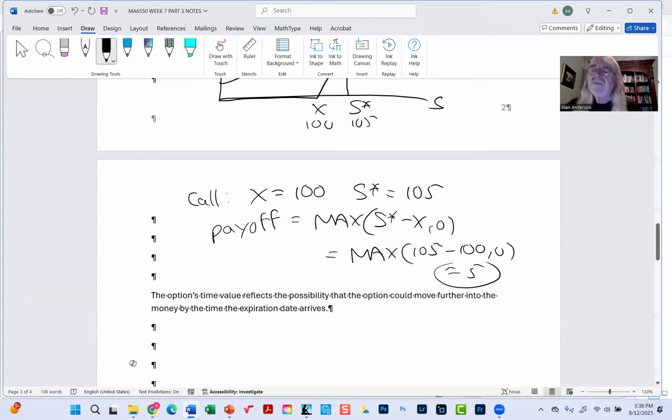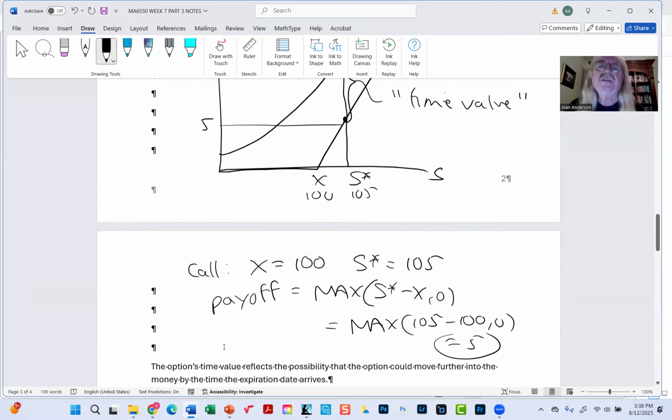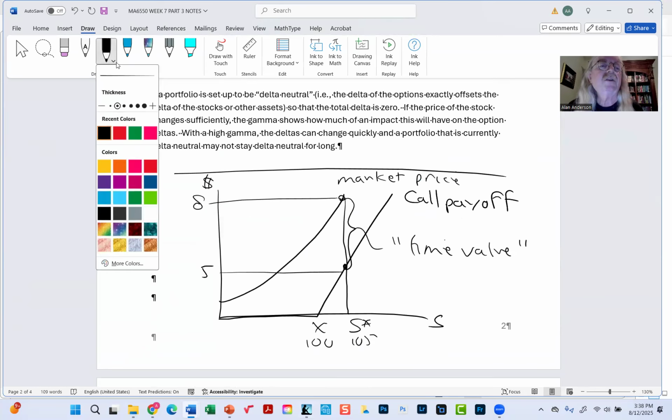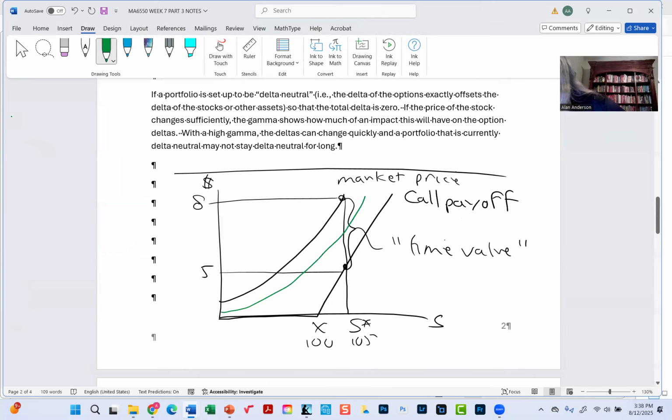Now, what's going to happen though is this. Let's say time lapses and now let's say our new market price curve is here. I'll call that the new market price. Say a couple months goes by.